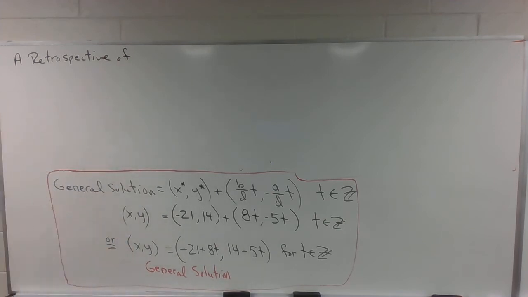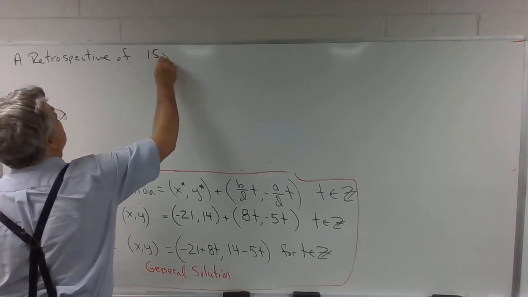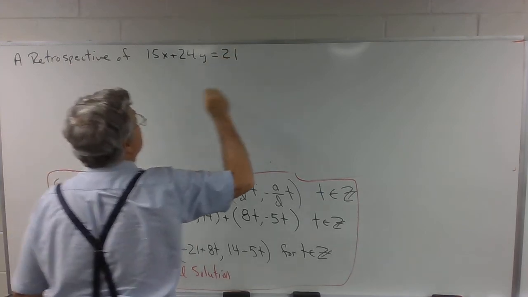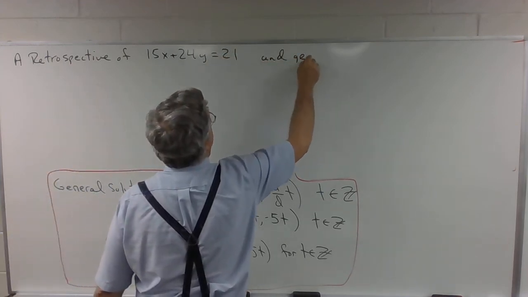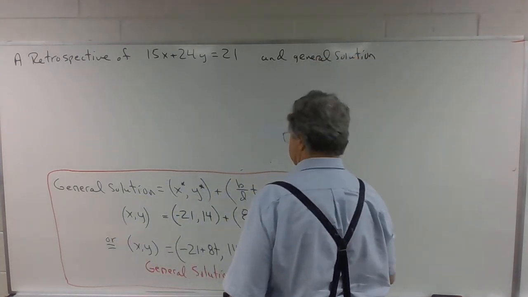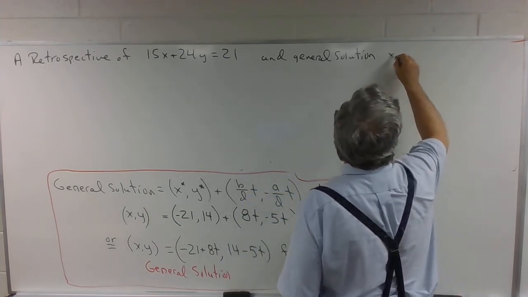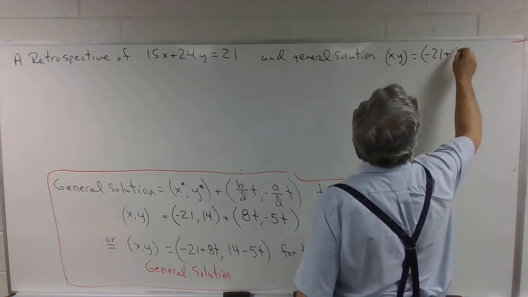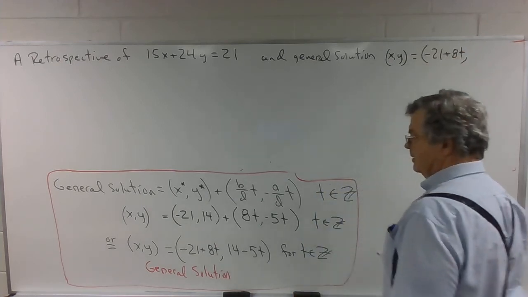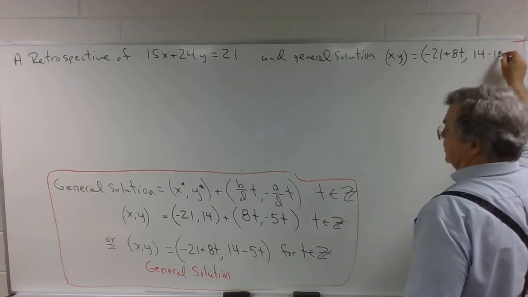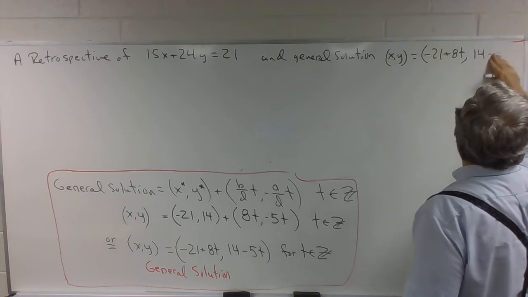Let's see, what was my equation again? 15x, 24y. Minus 5t.